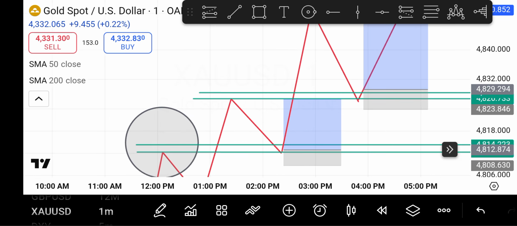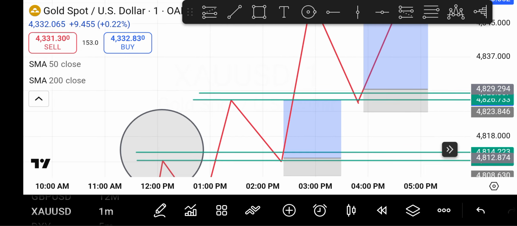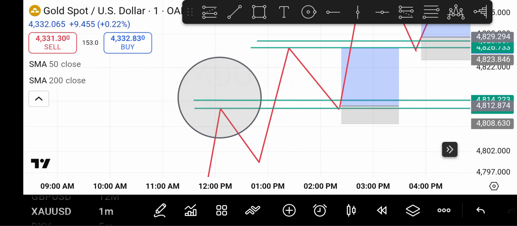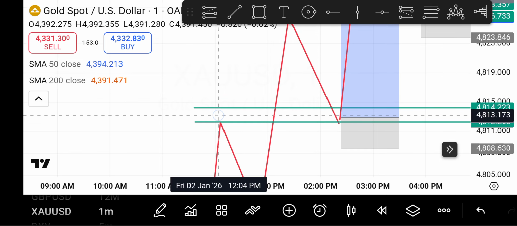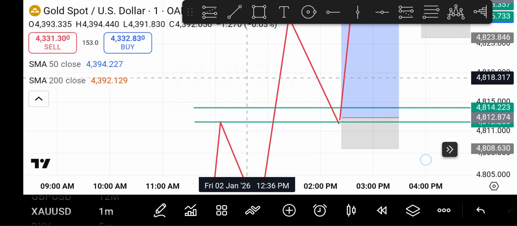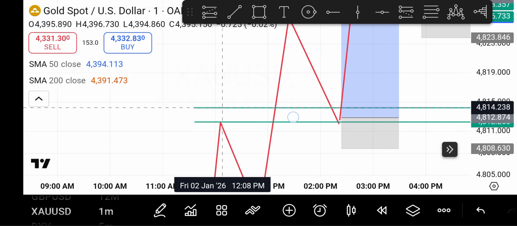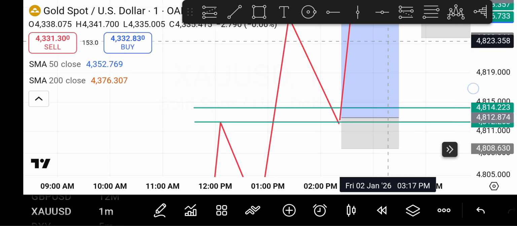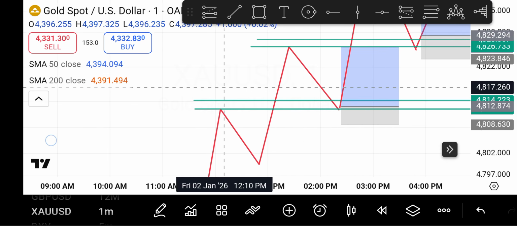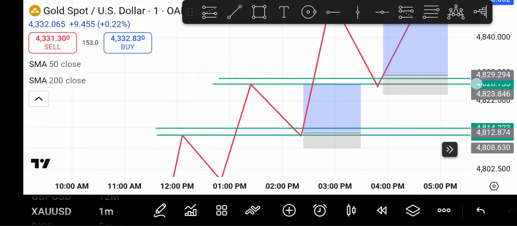This is exactly how the markets move, and this is also the same thing as what they call fair value gap, because at this zone, when the market closes above this high, it has to come back to the zone to take out the liquidity around here before moving back to the upside. So it's very self-explanatory, and it's very simple.